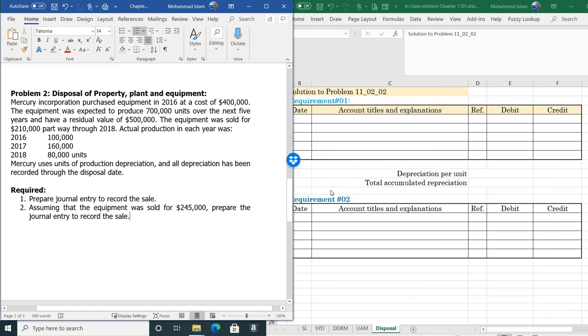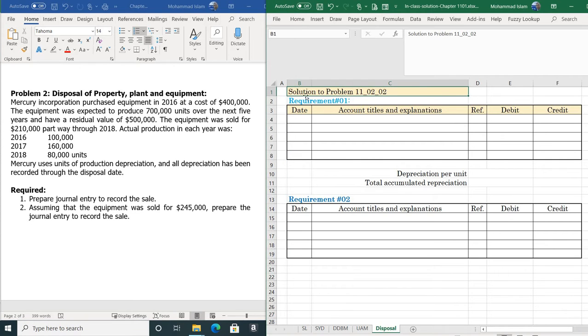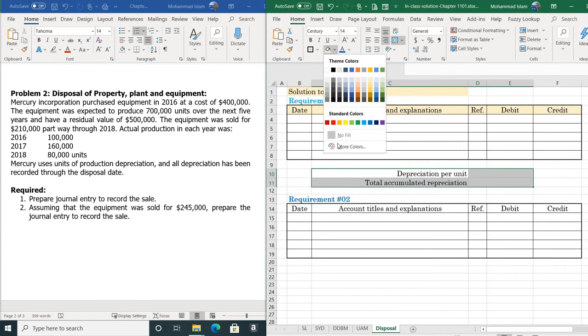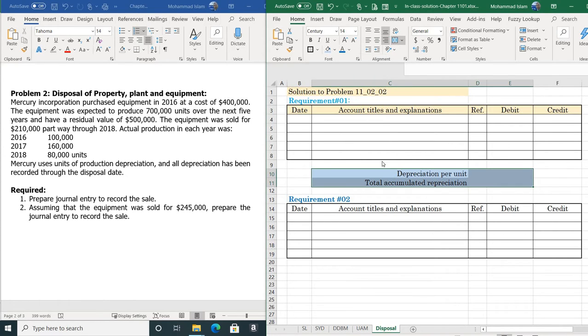Now let's go to the solution. So this is the solution to requirement number 1. First of all, we need to calculate the depreciation per unit and accumulated depreciation until the date of sale.